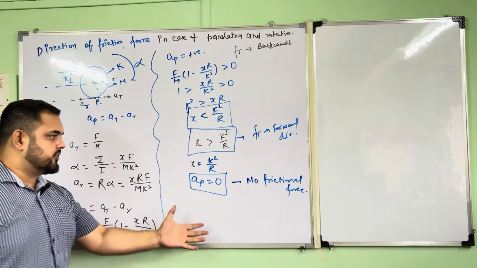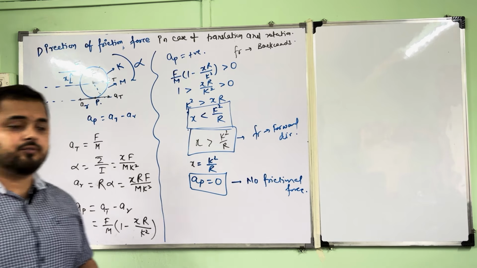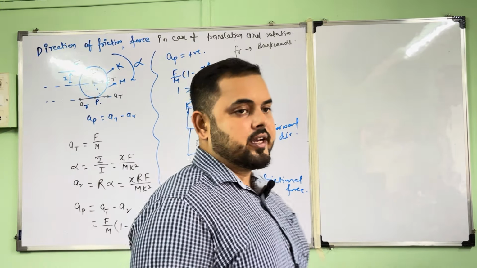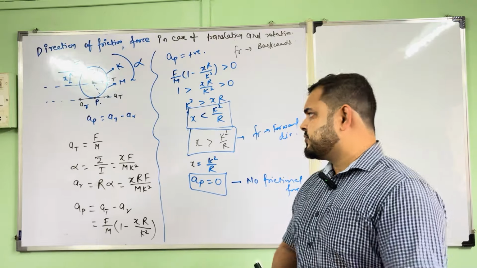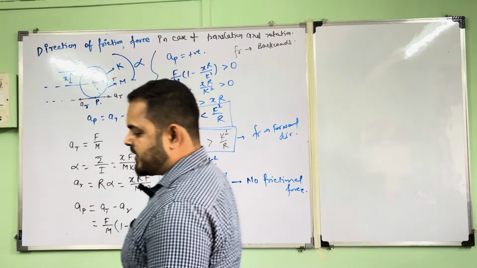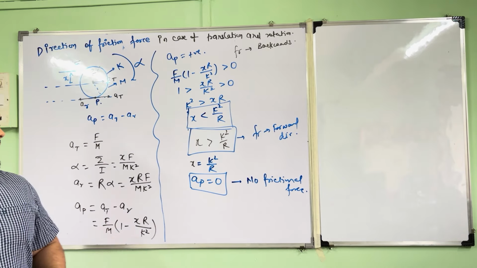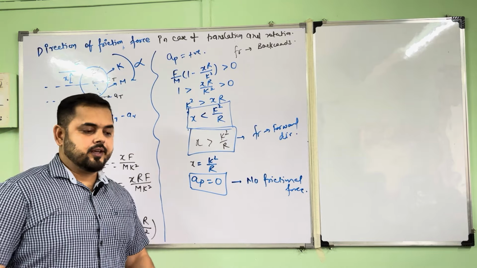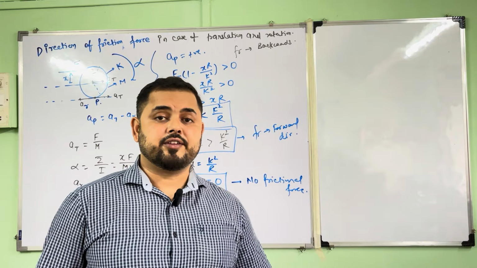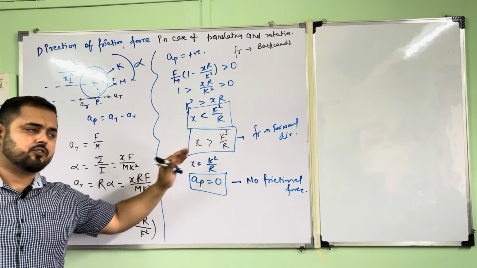So this is your basic concept behind the direction of frictional force. It is very confusing for JEE aspirants. Whenever we think about frictional force, many things come to mind. So keep it simple and solve like this. You can solve any problem on the direction of frictional force. Practically, for defined bodies like ring and disc, we are now going to deal with the help of these concepts.